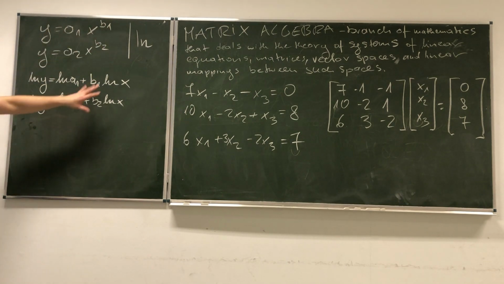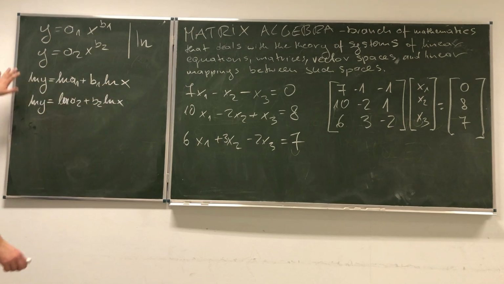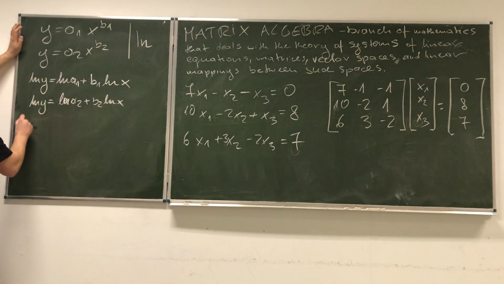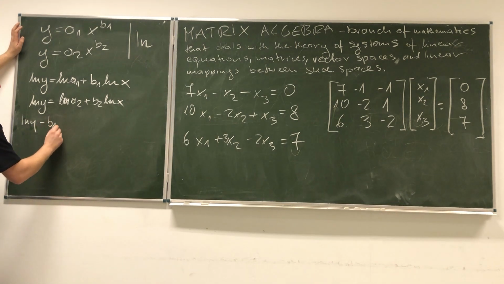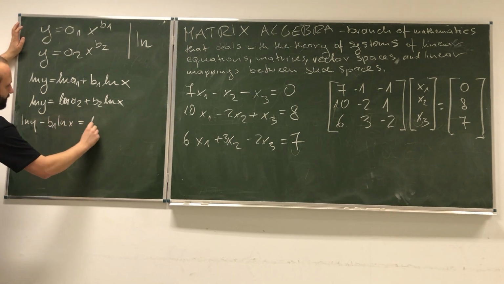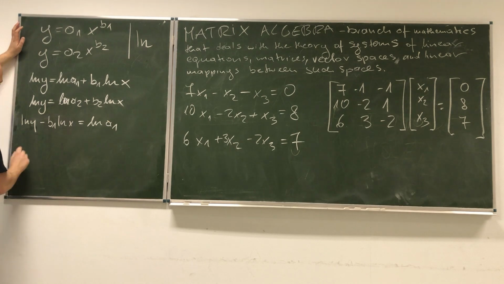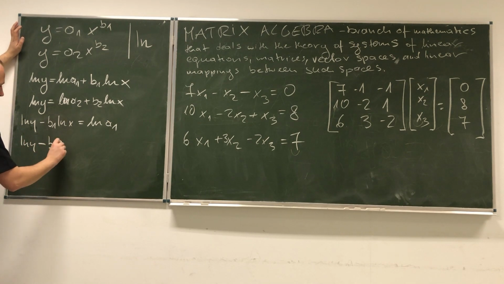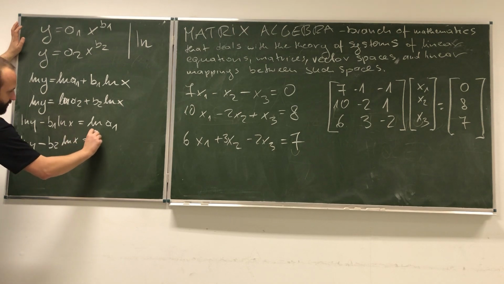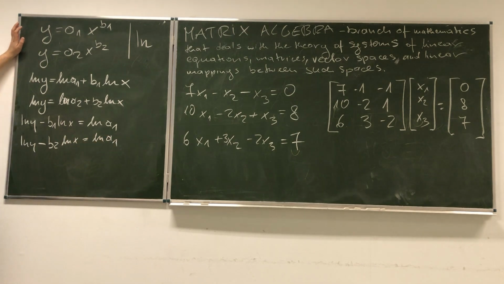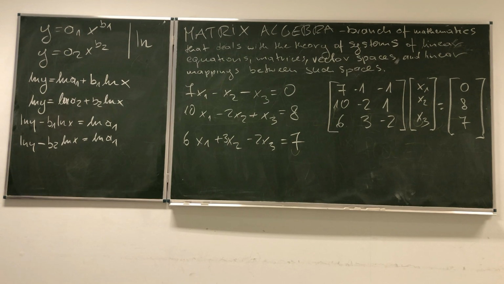And now look, if I would move parts with x over here, so I would have ln y minus b1 ln x equals ln a1, and ln y minus b2 ln x equals ln a2, we are still able to use the same tools.